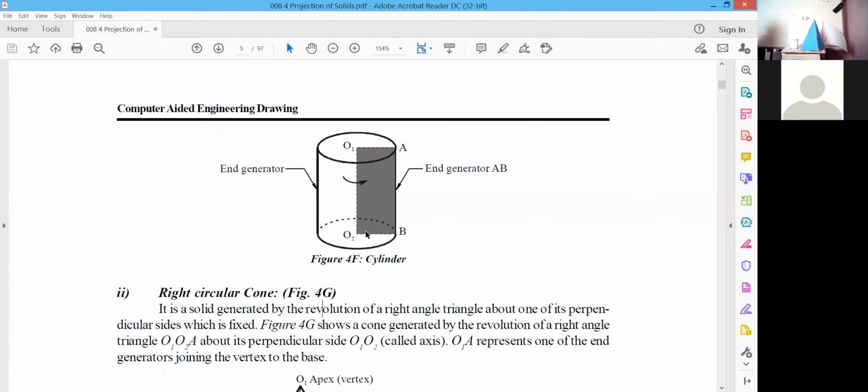This axis O1, O2 will have the common axis, and this half cross section, what you are seeing here as a rectangle, if you revolve it for 360 degrees, then we get a cylinder.